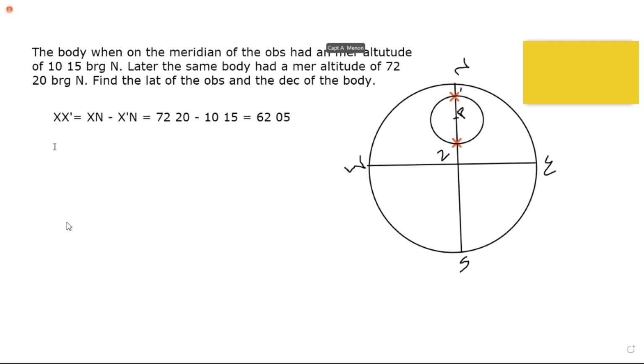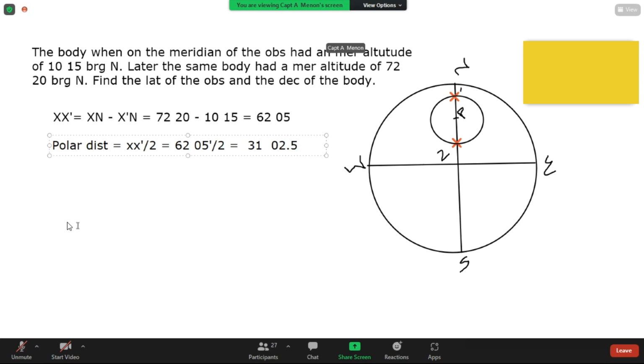So I can say therefore polar distance will be equal to X divided by 2, which is 62 degree 05 divided by 2, is equal to 31 degree 02.5 minutes. So that's the polar distance.